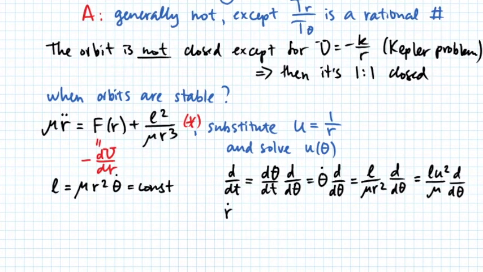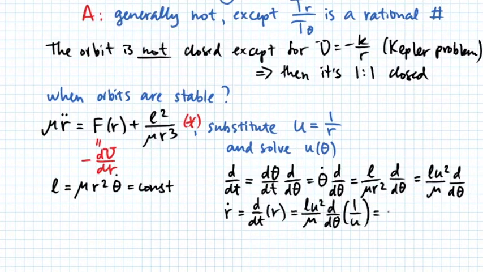Thus, we can write r dot as d/dt of r, or using the expression for d/dt that we just found, L u squared divided by mu d/d theta of 1 over u, which simplifies to minus L divided by mu times u prime. Here u prime is defined as du/d theta.